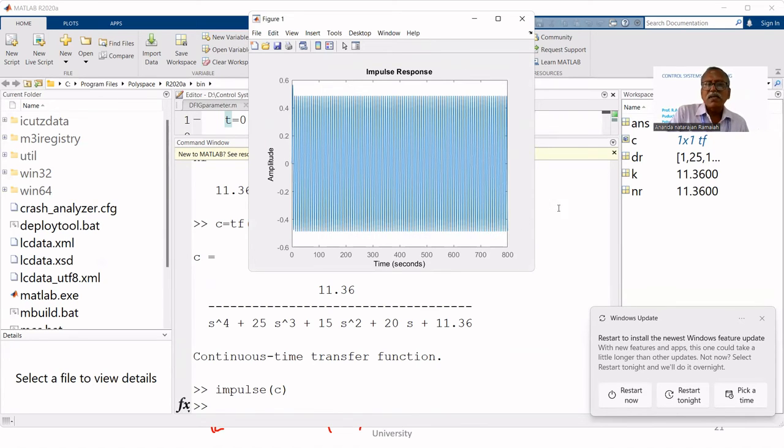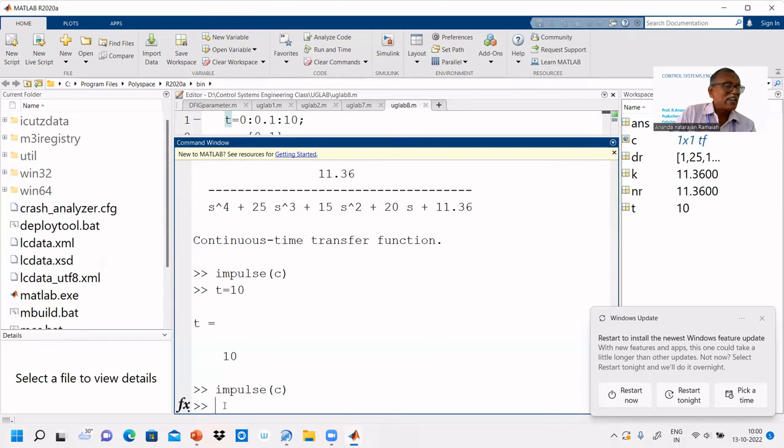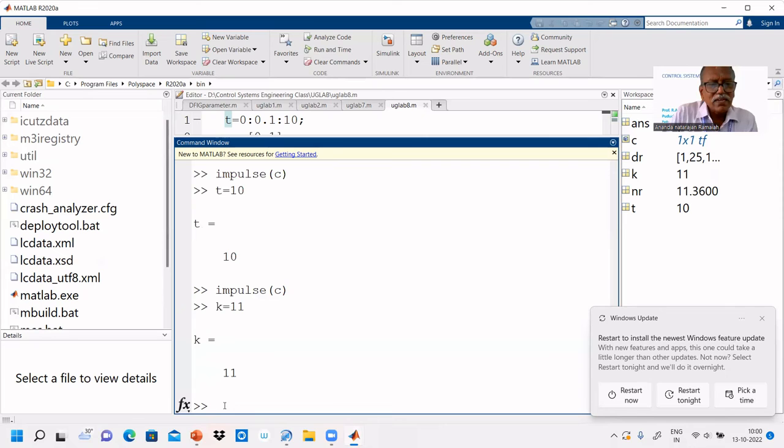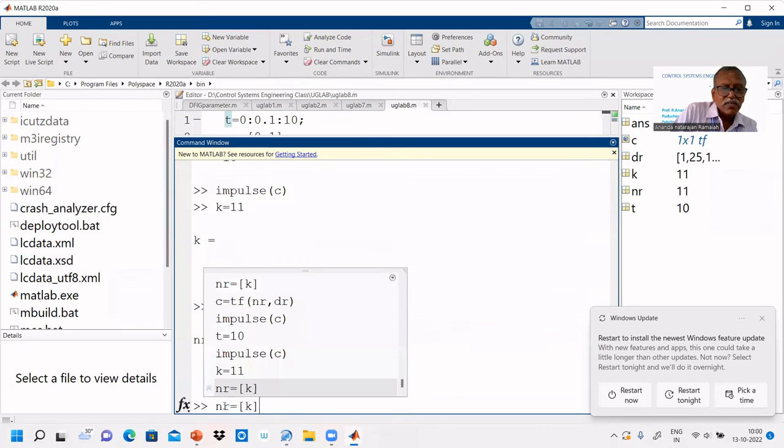It remains oscillating up to 800. Let us give k less than 11.36. What happens? Let us check. We have to run the numerator and the denominator also.